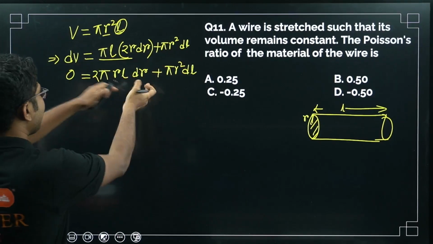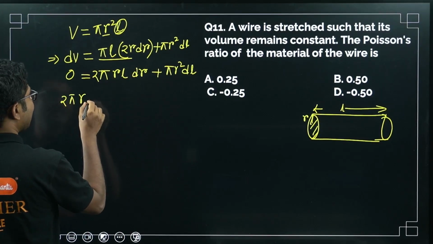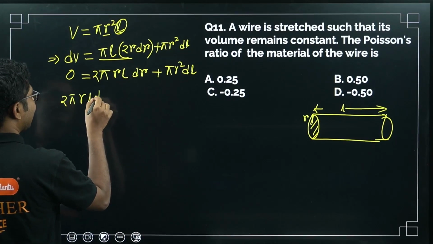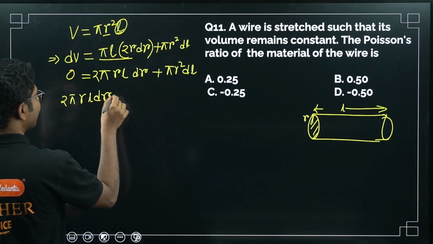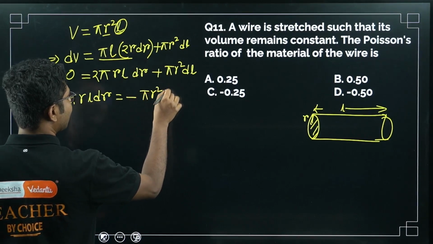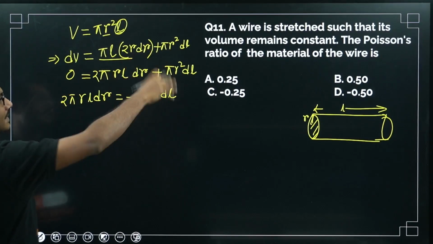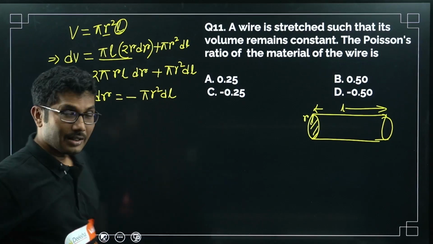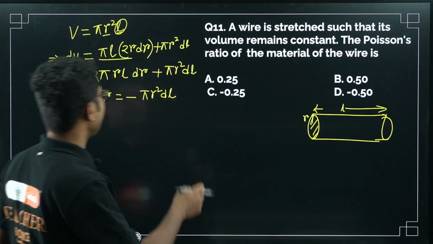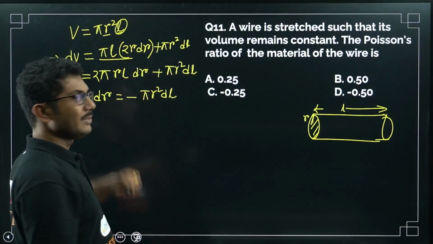Now let me take everything on this side. We will get 2 pi R L dr equals minus pi R square dl. We have taken one term to the other side, so it becomes negative, because in between their sign was plus.